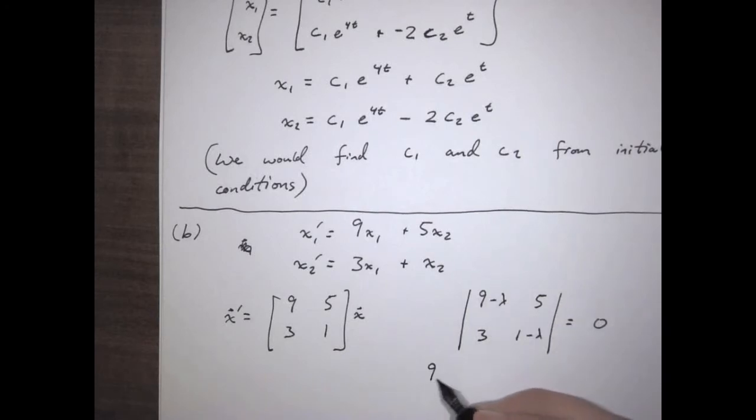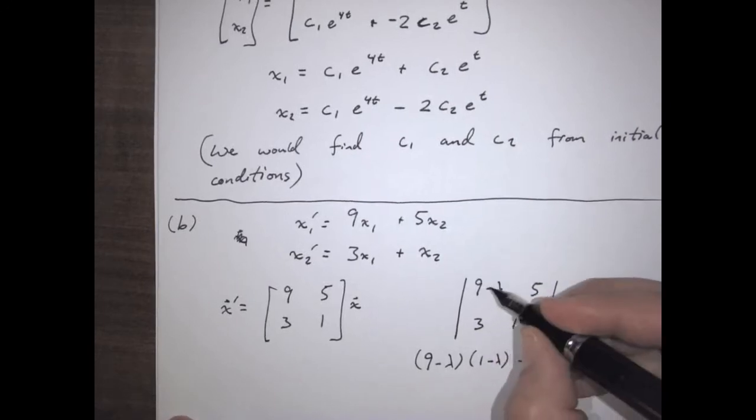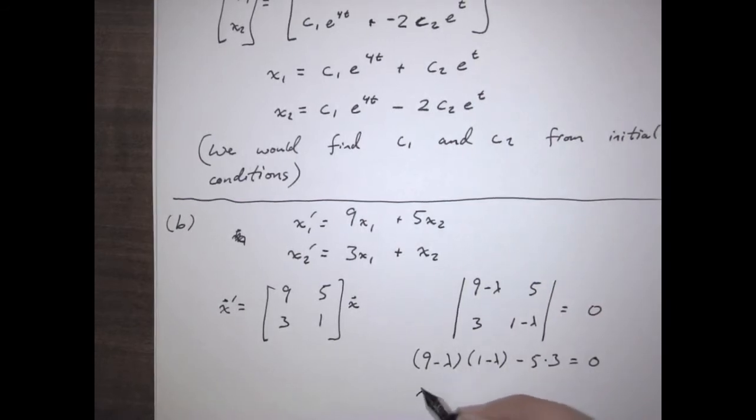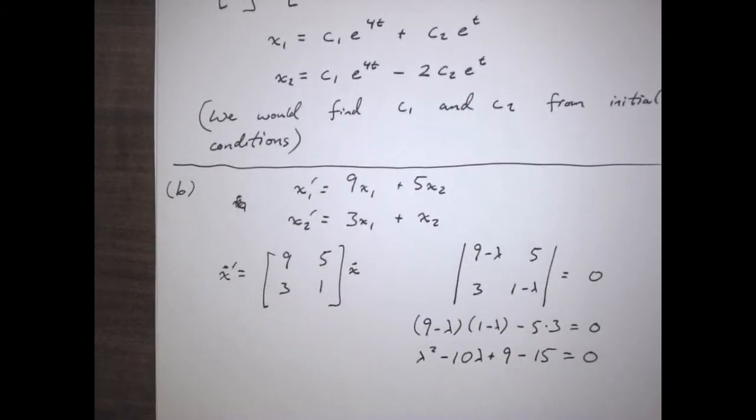Then we'll have the usual 9 minus lambda times 1 minus lambda, minus 5 times 3. Remember how you take determinants of a 2 by 2 matrix: it's A times D minus B times C. Multiplying these out, you have lambda squared, minus 9, minus 1, so a total of minus 10 lambda, plus 9 minus 15 equals 0.